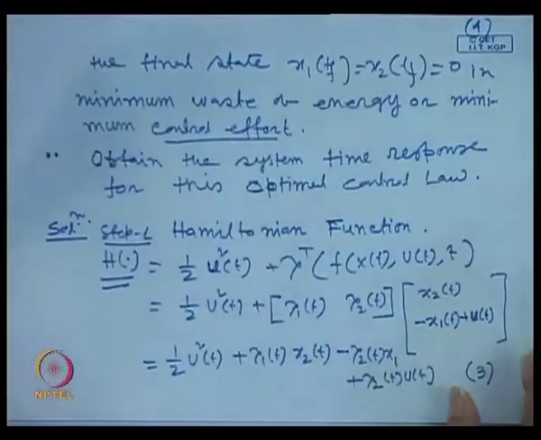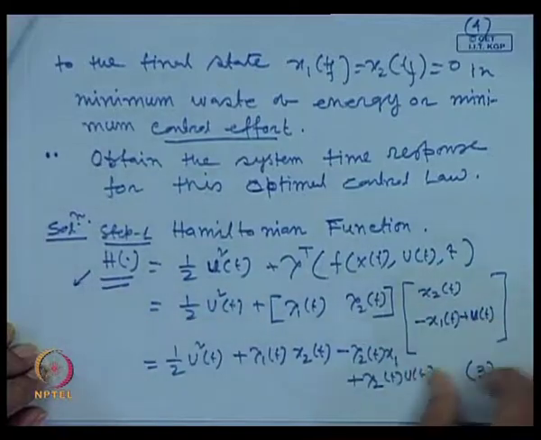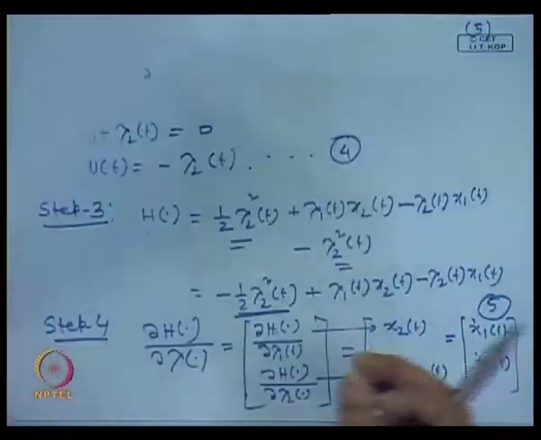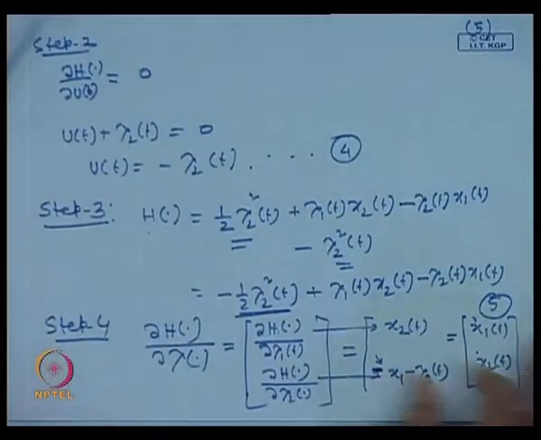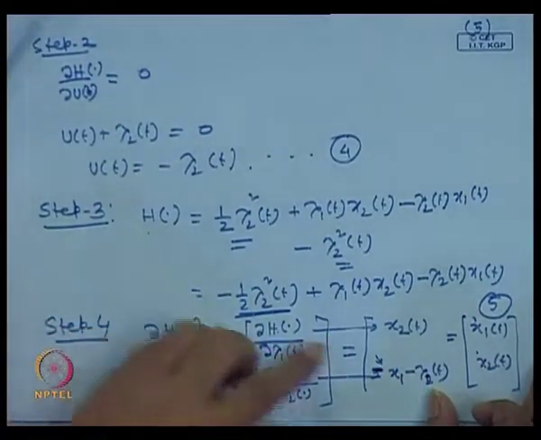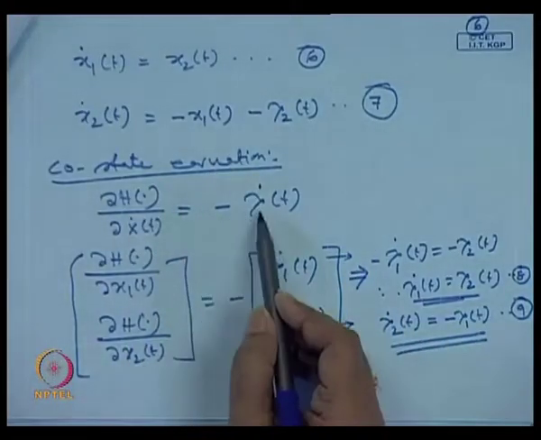Once you form the Hamiltonian function, the necessary conditions are: first, del H del u is equal to 0. Then del H del lambda is equal to x dot. Then del H del x is equal to minus lambda dot.